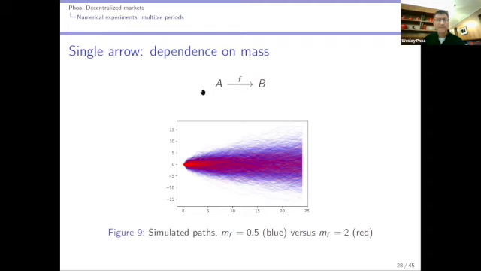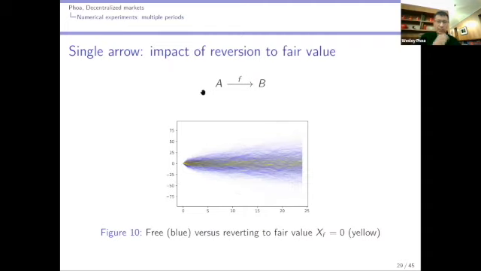Okay, what if, and again, no arbitrage possible, you impose some reversion to fair value? Let's say you say 0 is fair value, that a 1-for-1 exchange of asset A to asset B is fair value.